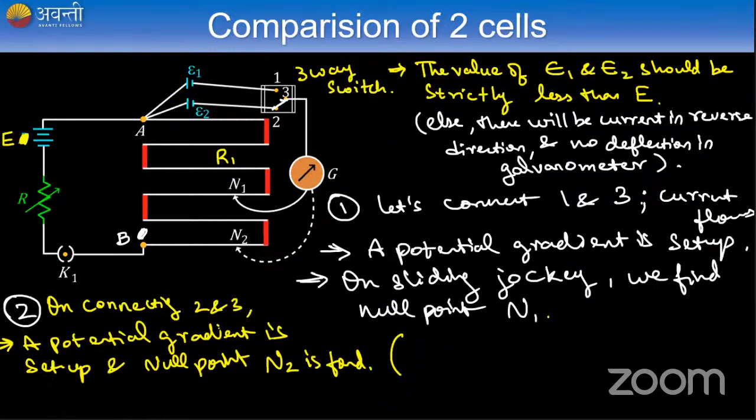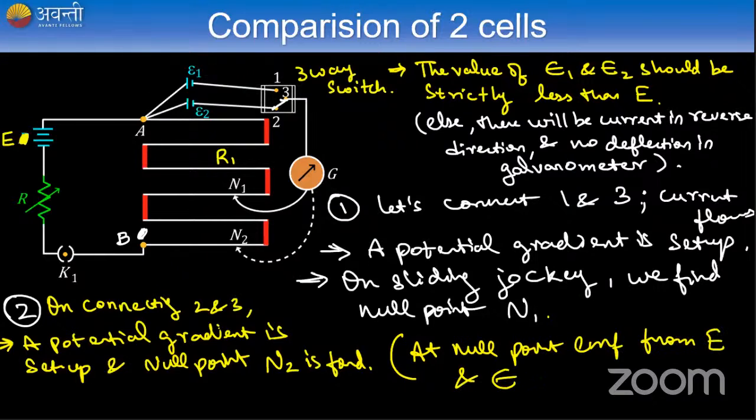What's happening at the null point? I'll write that also. At null point, the EMF from E and epsilon will be equal. That is why we are going to get a null point. When we have the same potential, there will be no flow of current.